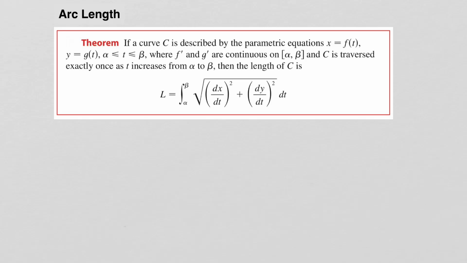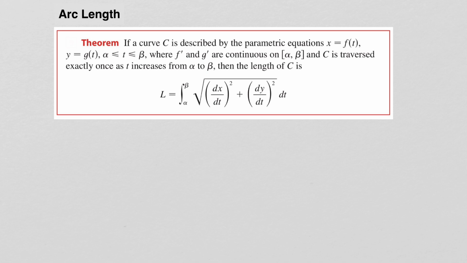Next, we'll talk about arc length. So if we have a curve defined by parametric equations, x equals f of t and y equals g of t, t between alpha and beta, f prime and g prime are continuous, then the arc length is given by the formula integral from alpha to beta square root of (dx/dt) squared plus (dy/dt) squared, and then with respect to t.